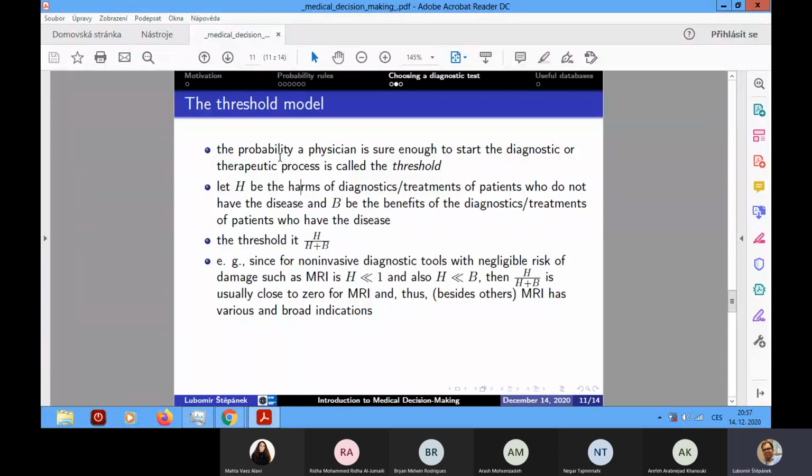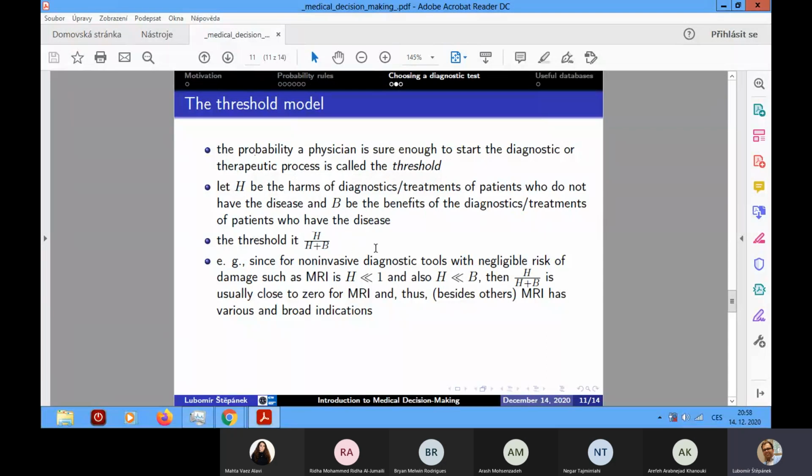As I told you, the threshold is the probability, or estimation of probability, from which the physician is sure enough to start a diagnostic process.